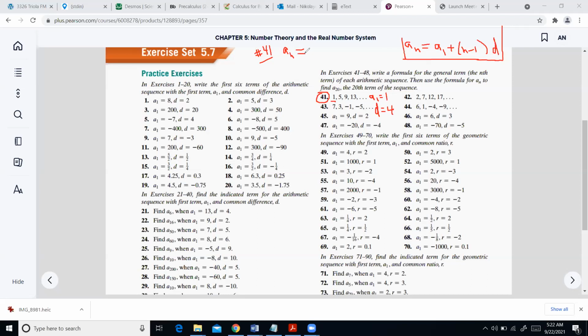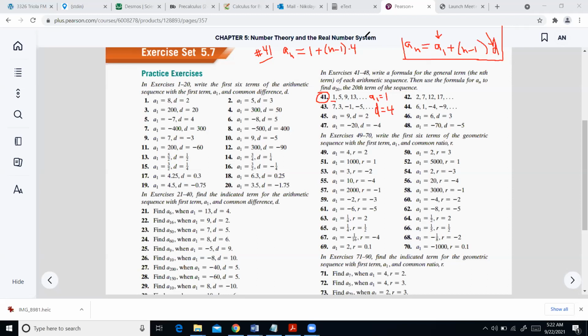I just need to replace my A1 with a number 1, plus n minus 1, I keep the way it is, and I just plug the difference 4 in here. So I put the two numbers instead of A1 and the difference.